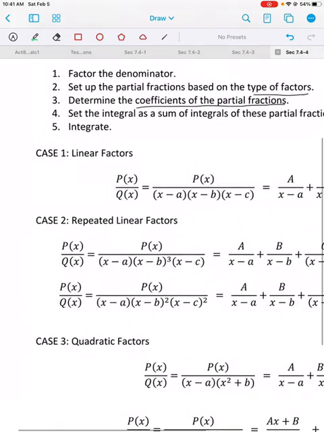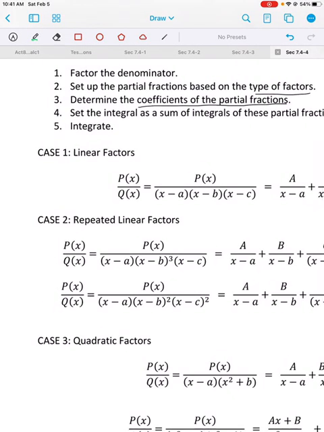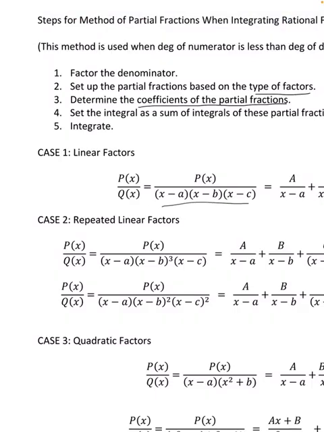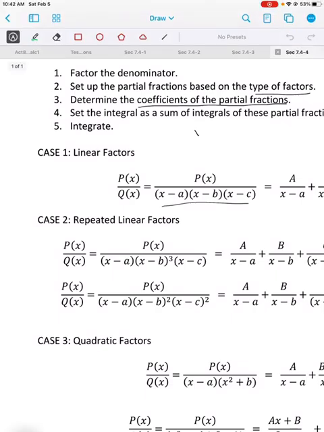Notice that you could also have linear factors of the form, for example, x minus 1 in the numerator and 2x plus 1 times 3x minus 1 in the denominator.